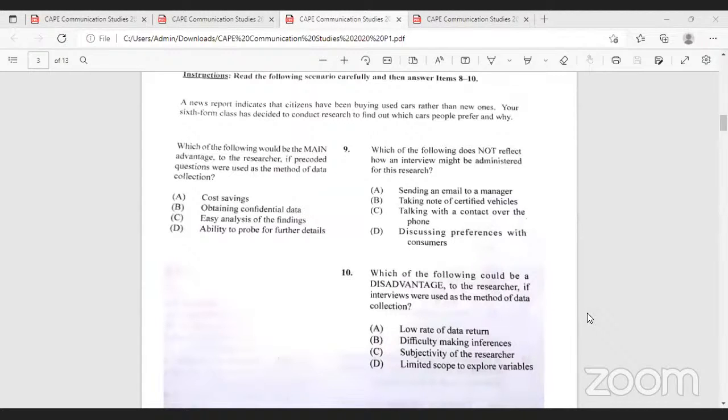Difficulty making inferences. Low rate of data return doesn't typically affect interviews. It will be more like surveys and questionnaires. Limited scope can't really be limited in the sense that interviews provide you with so much information that you have so much more than you know what to do with. And subjectivity of the researcher, that could be close, but I don't think it's the best answer.